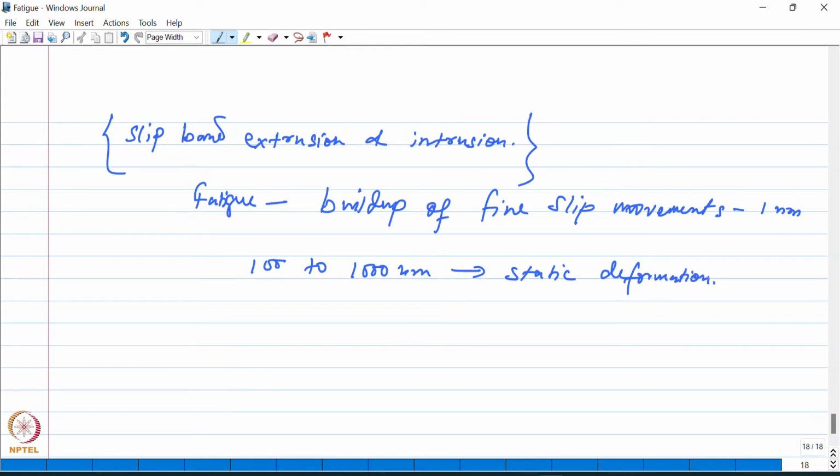And in terms of the basic deformation mechanism, if you see how the slip bands grow, in the static deformation process, it will basically lead to formation of a contour at the metal surface, and that can be depicted through this picture.